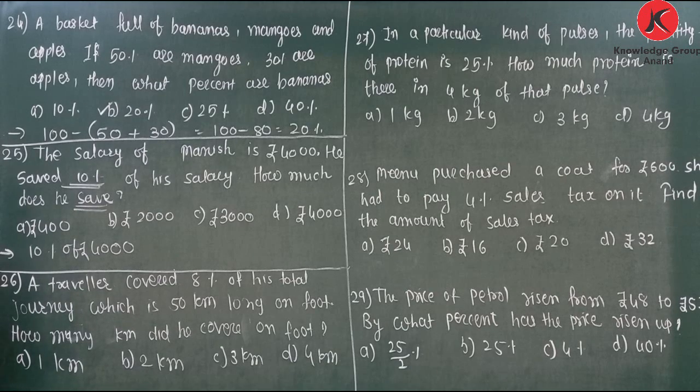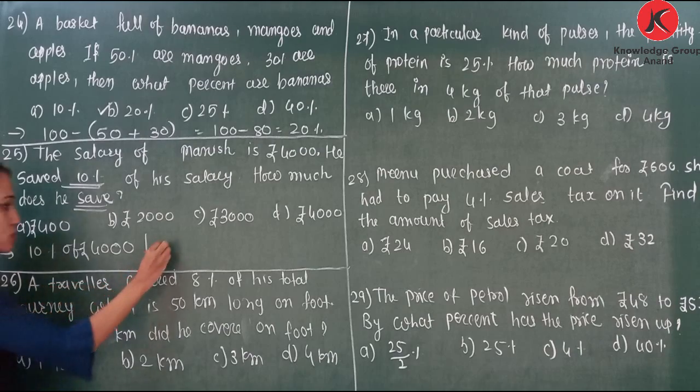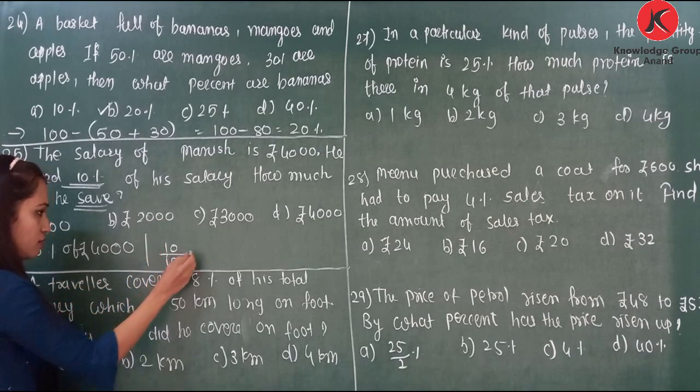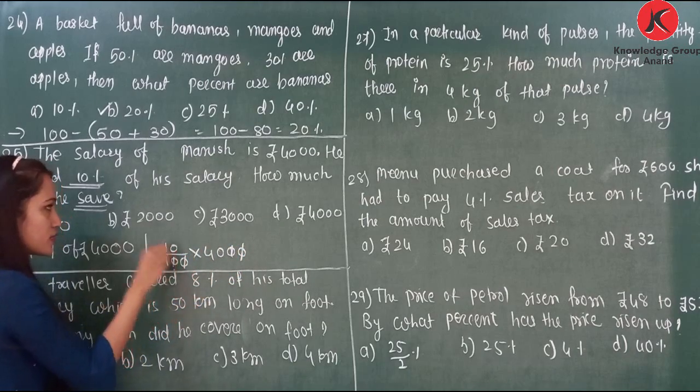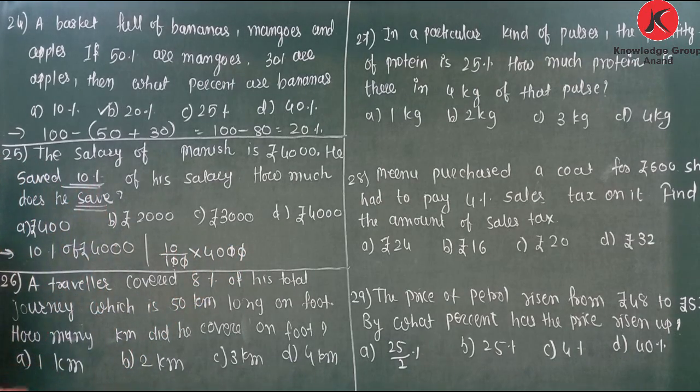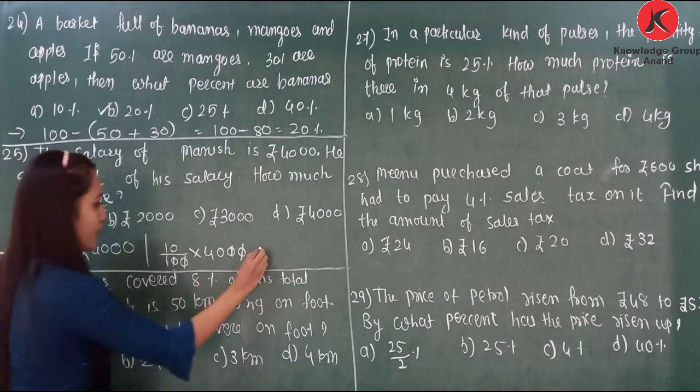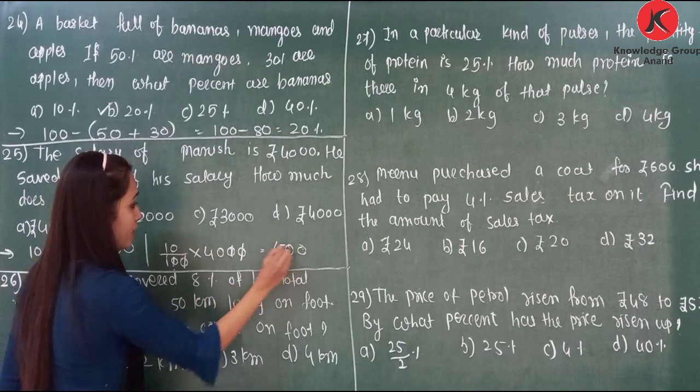If left money is asked, then you need to subtract, or you can find 90% of 4,000. So 10 divide 100 multiply 4,000. Here save percentage is given and saved money is asked, so we can directly write 10% of 4,000. So that is 400 rupees.